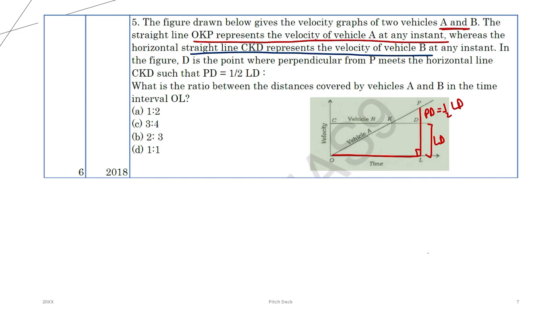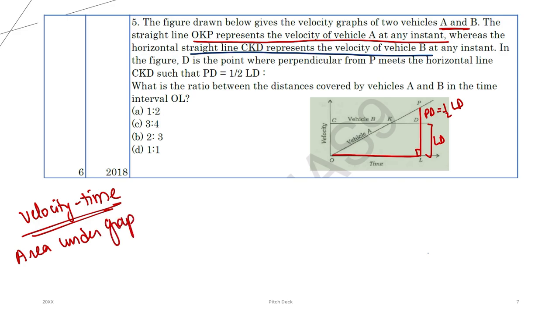First thing first, always remember that if a velocity time graph is given to you, the area under the graph gives you the distance covered by that person.